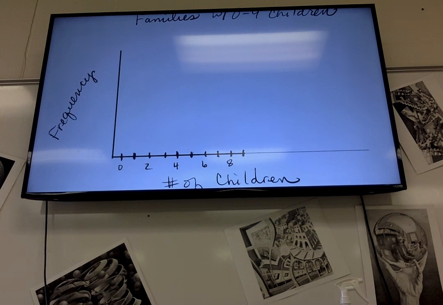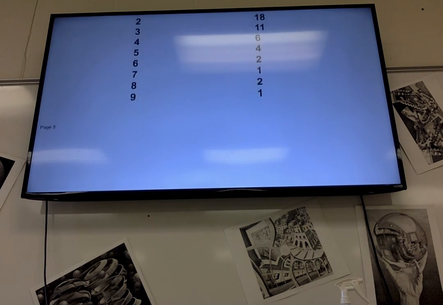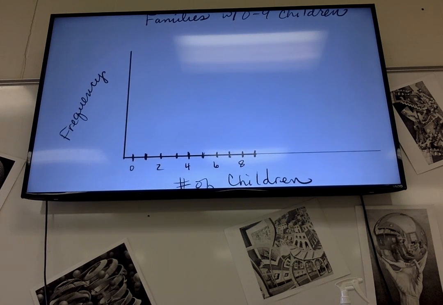I only labeled every other one, but it goes all the way up to 9. I just didn't want all my numbers to be squished together. And it looks like there's a total of 18. So I'm actually going to count by 2 on the side here. 2, 4, 6, 8, 10, 12, 14, 16, 18.